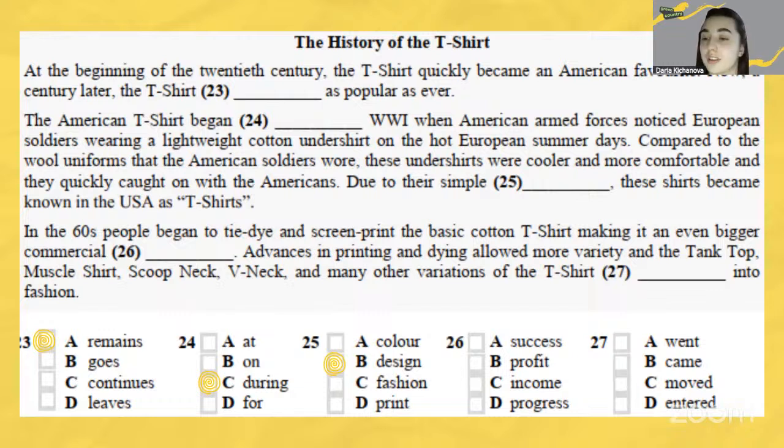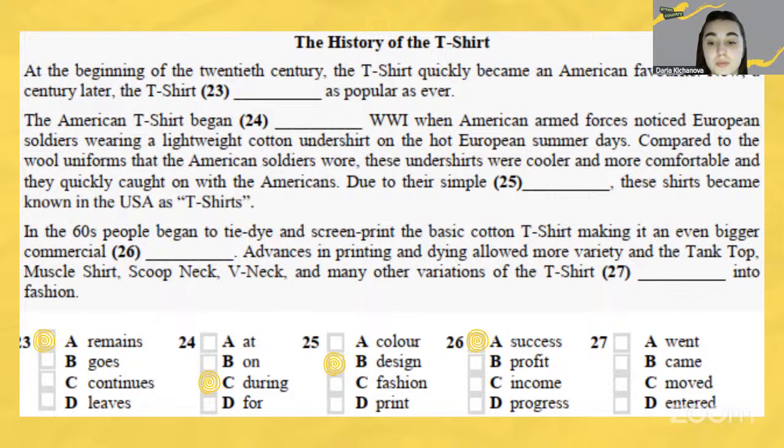Artem answered something else. Okay, so it is success because there we are talking that people began to do something more advanced, yeah, to change somehow the design of the T-shirt, and it means that it increased its popularity, so it makes it a bigger success there.